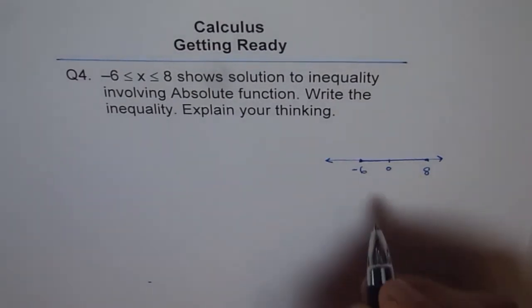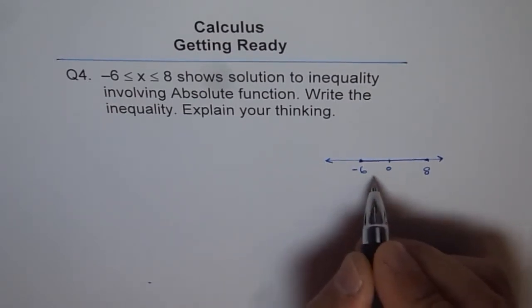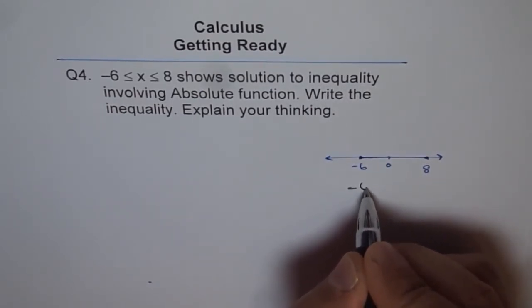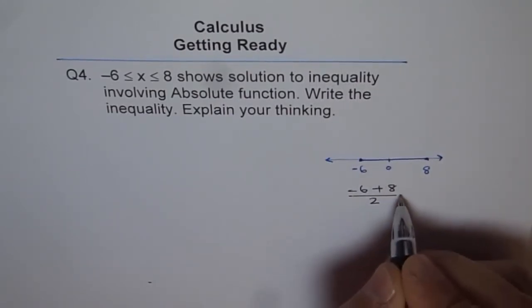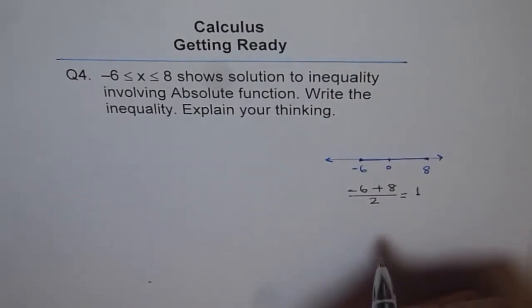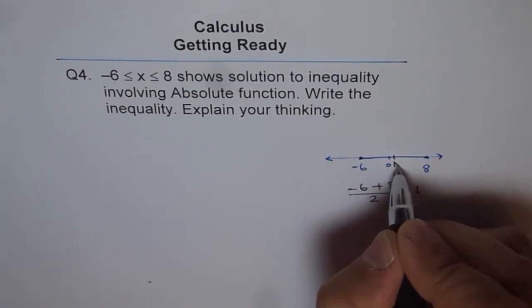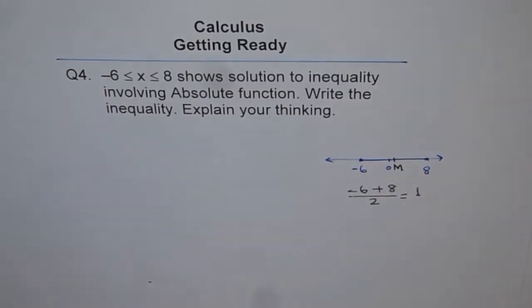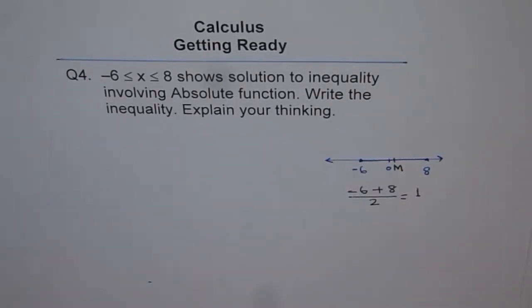To find the midpoint, we can add and divide by 2. So we do minus 6 plus 8 divided by 2. When you do that, you get 2 divided by 2, which is 1. That means the midpoint is somewhere here. So let me call this M. So the center of our absolute function should lie at M. That is the first thing which we notice.